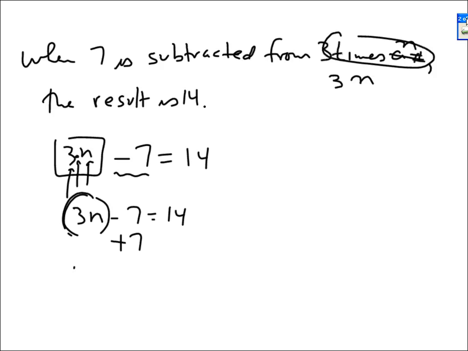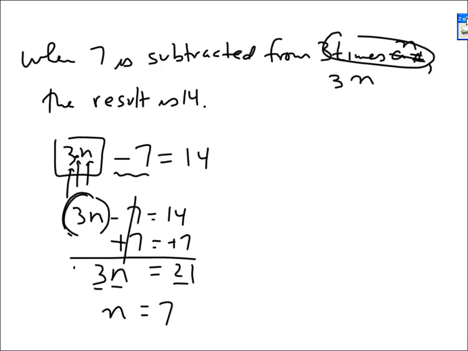Fine, add 7 to both sides. The right side is 21. That cancels out. You get 3n equaling 21. Just like I said. 3 times n equals 21. 3 times 7 is 21. Say n is 7. Now let's make sure it makes sense.